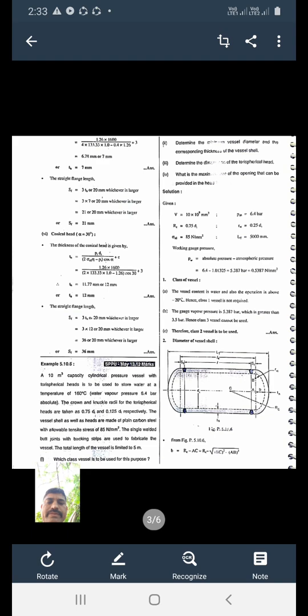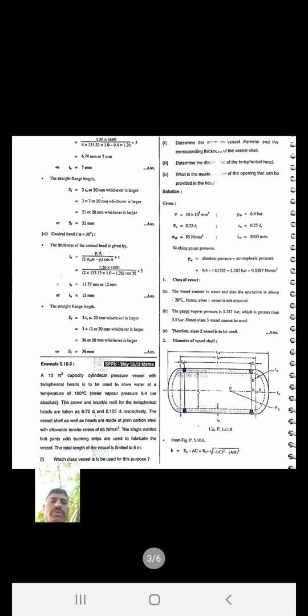We want to calculate first which class of vessel is to be used for this purpose. First, you should tell which class of pressure vessel is used with the help of the given data. Second, determine the pressure vessel diameter and the corresponding thickness of the vessel shell.